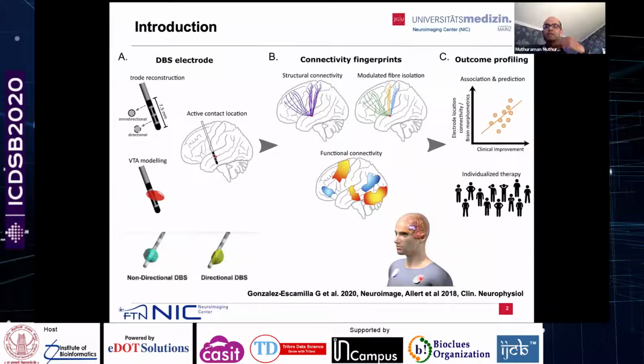The good thing about this type of therapy is that they don't have this tremor anymore. This is done very often, and this is a DBS electrode.